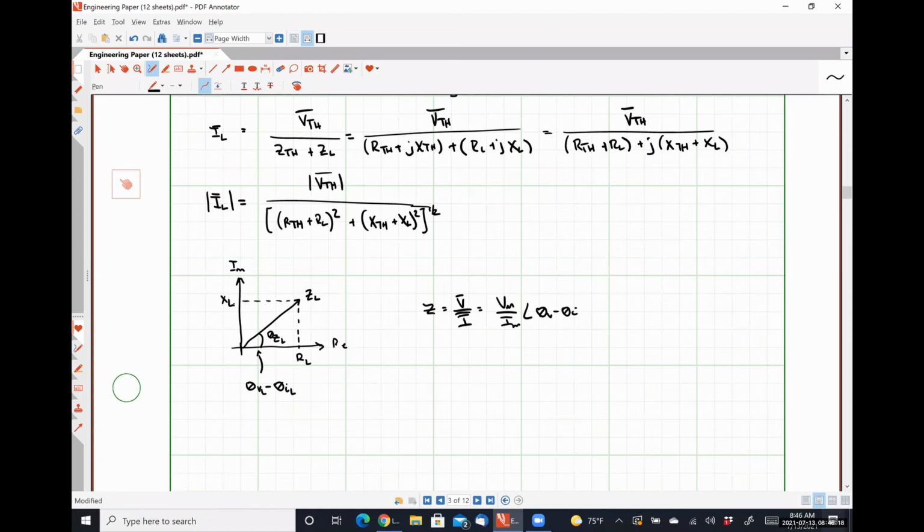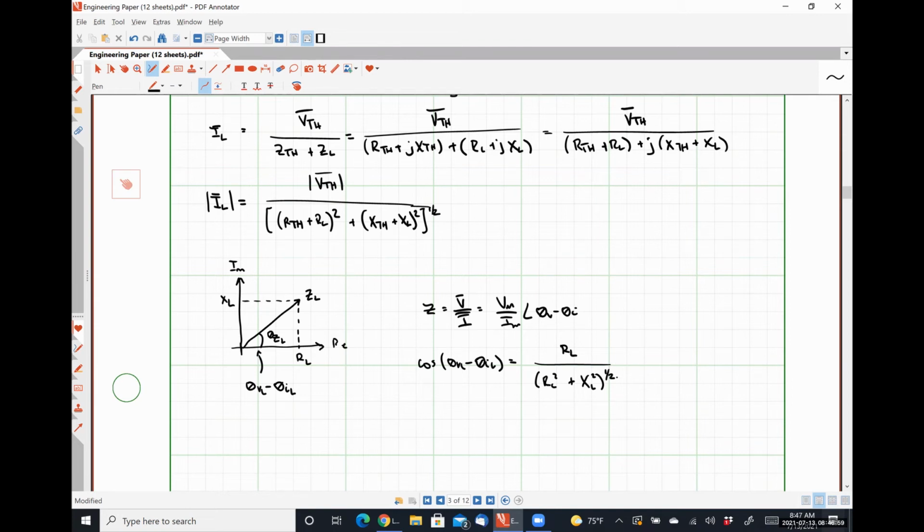Cosine, remember from your high school trig class, is the adjacent divided by the hypotenuse, right? So that would be RL divided by the magnitude. So cosine of theta VL minus theta IL is going to look like RL divided by RL squared, sorry, that's not a plus sign, plus XL squared to the 1/2 power. We're taking the square root of that denominator.